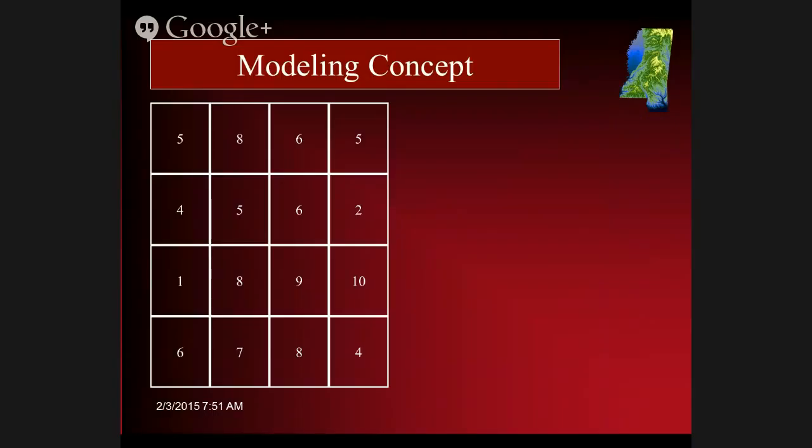So on this slide, I just thought we'd calculate this real quickly. If these numbers represent the costs to travel through these cells, the friction surface, the cost to travel from, let's say, this cell to this cell is 5 plus 2. Then you multiply that by the distance. Let's just say the distance is 1, so it'll be easier. 5 plus 2 would be 7, and then you would divide that by 2.